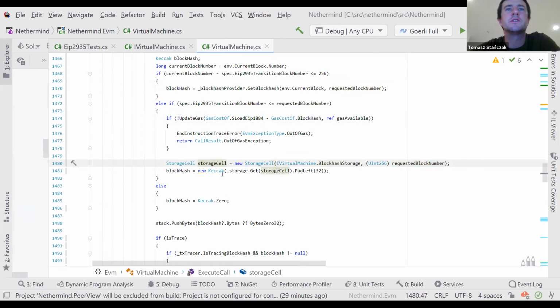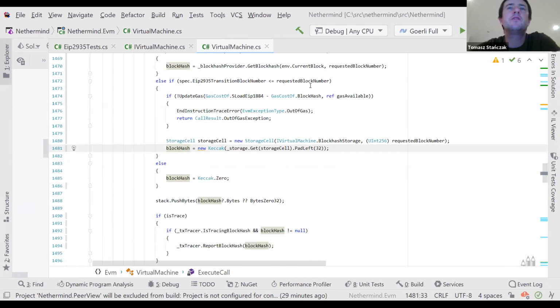We just read the storage cell, and this is the block hash that we return. And if we're asking about a block from before the fork, then we return 0, because we simply don't have it in storage. We know that we don't have in storage any blocks that were created before the transition, before the fork. And that's it really.